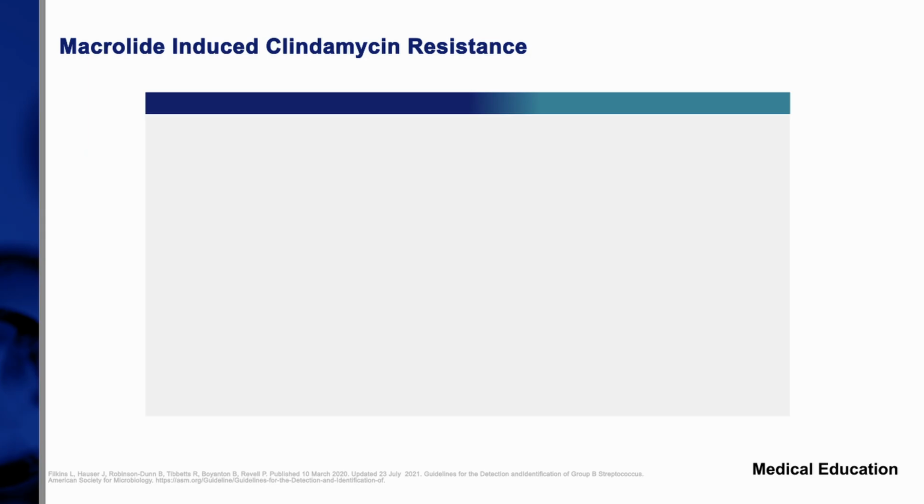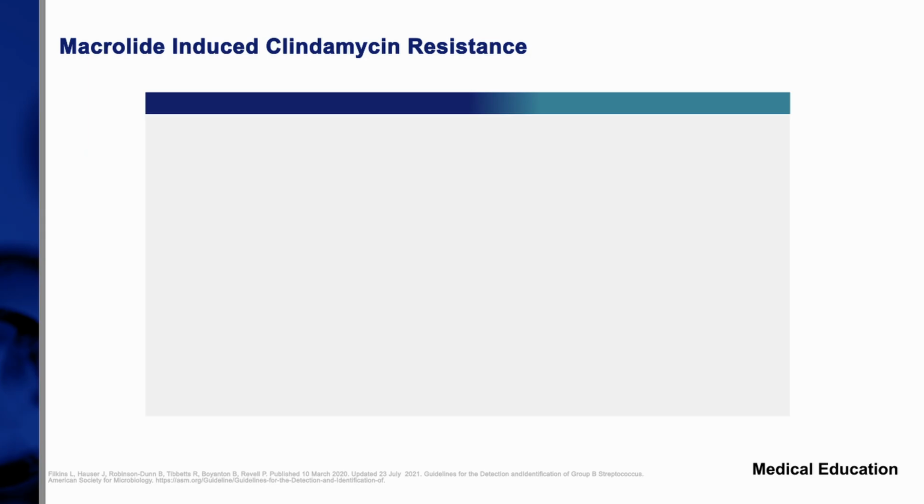And what happens is erythromycin, a macrolide, can actually turn on clindamycin resistance in some cases if the organism has that resistance factor. So in the presence of erythromycin, clindamycin that looks like it should work, sometimes the GBS is actually able to turn on a resistance factor.